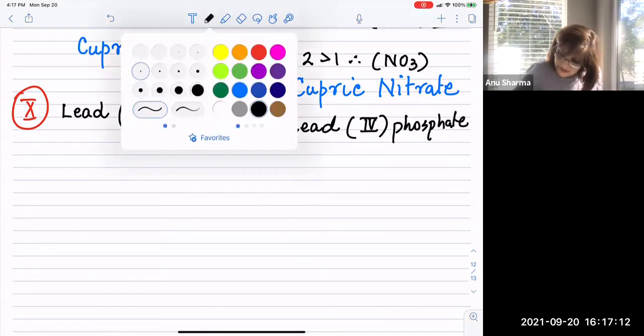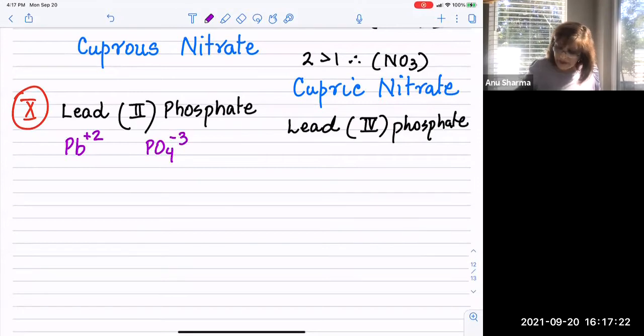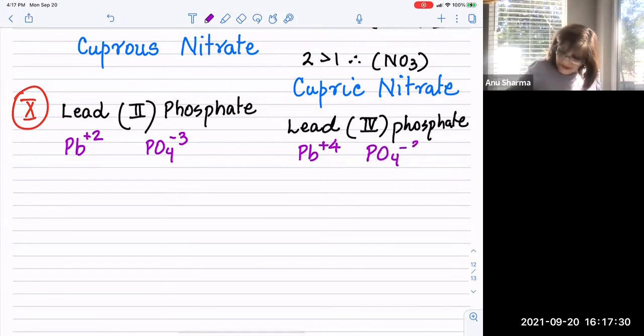Here lead is Pb. 2 means +2. Phosphate is PO4 minus 3. Here lead 4 is Pb plus 4. Phosphate is PO4 minus 3.